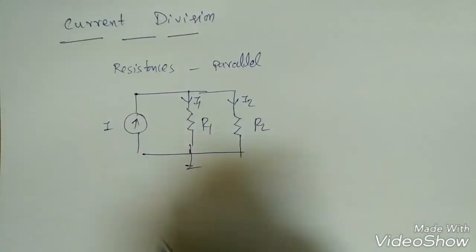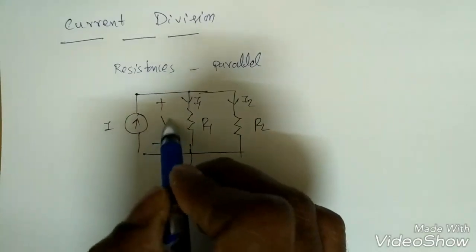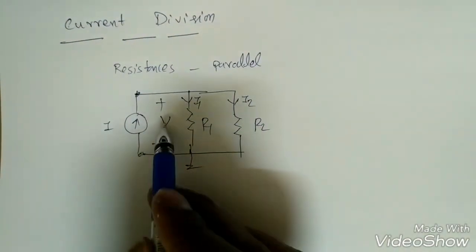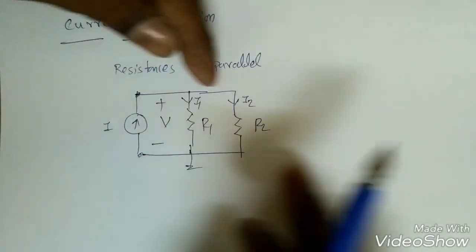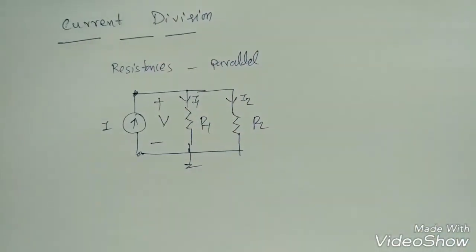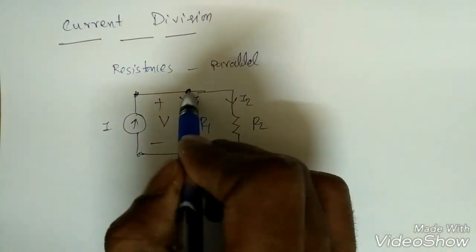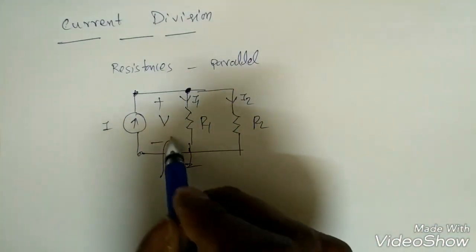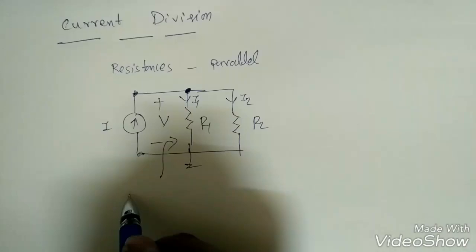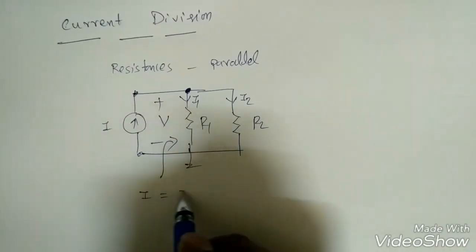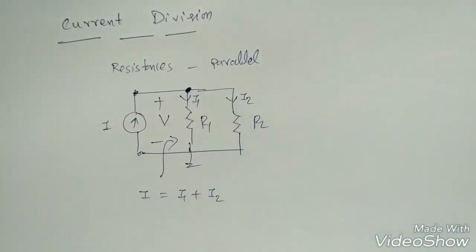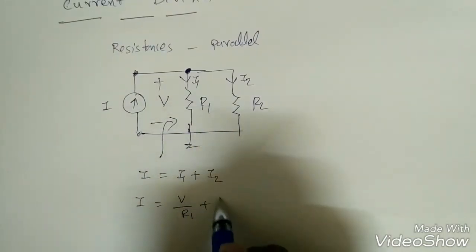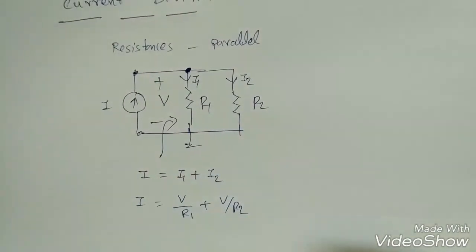By the current division rule. Suppose I assume the voltage V across this parallel combination. The same voltage V will be across these two branches, because in parallel all voltages are the same. Now we already found the equivalent parallel resistance: I is equal to I1 plus I2 by KCL, and I is equal to V by R1 plus V by R2 by Ohm's law.